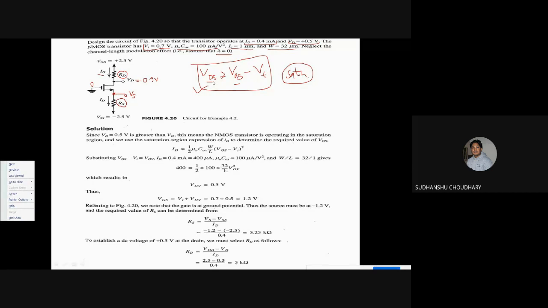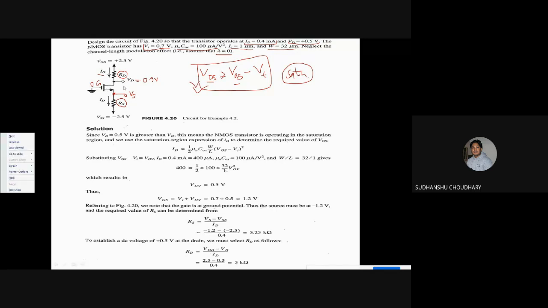So we have to check this condition. The source is common here in both VDS and VGS, and since the gate, this G, is connected to 0, that obviously means VDS is greater than VGS minus VT.